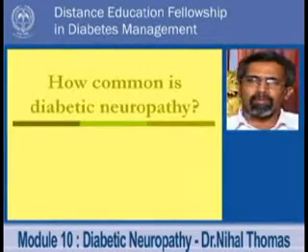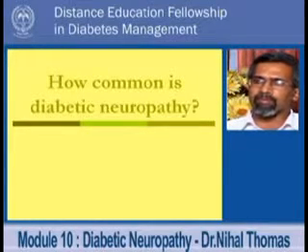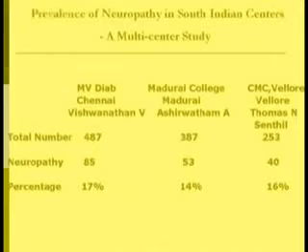The first question I would like to answer is, what is the frequency of diabetic neuropathy? If we look at this particular study which we had published about 5 years back in the Journal of Association of Physicians in India, it's a consolidated bit of data which is fairly simplistic, obtained from 4 major centers, including Christian Medical College, Vellore.